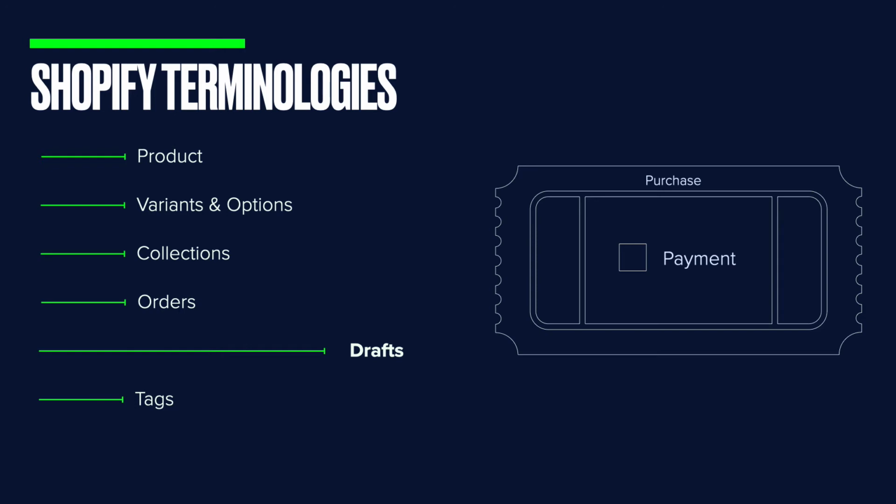Usually every product order that comes through your website is an order, because they only come to the back end once they have completed the payment. So when do drafts come into play? Drafts mainly come into play when you create orders offline, that is, when someone buys anything offline from your store directly. We will make a purchase order slash invoice and send it to them, and in the invoice there will be a button to complete the purchase or payment.